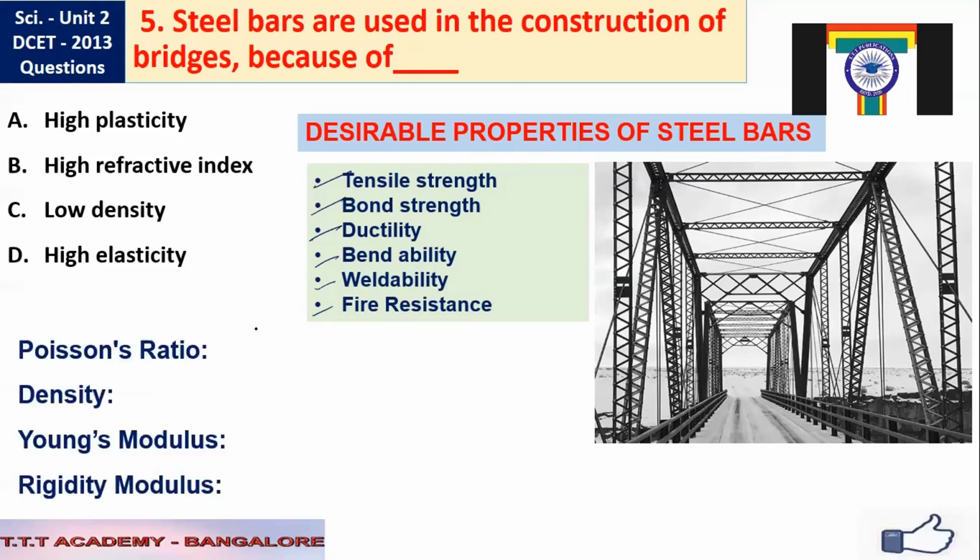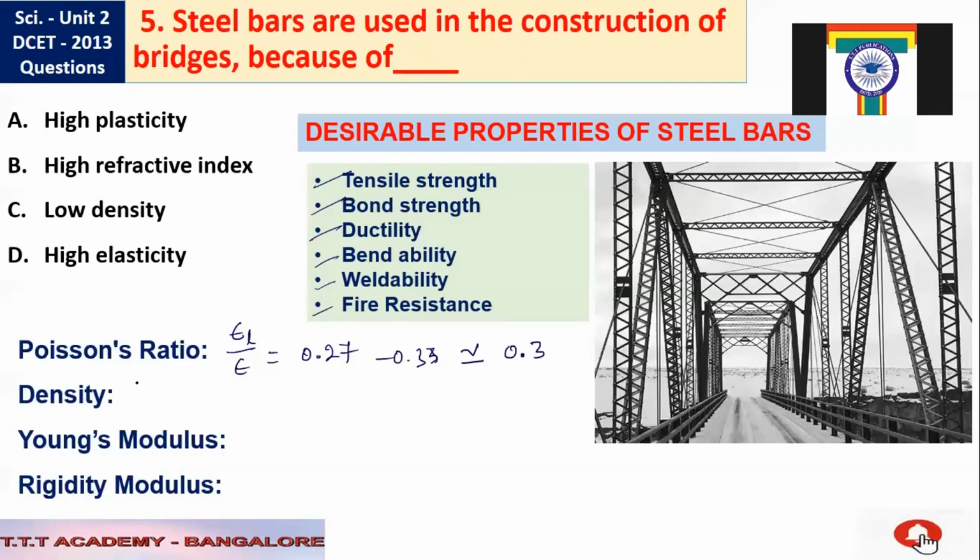Suppose the Poisson's ratio of steel. Poisson's ratio is the ratio of lateral strain to linear strain. I explained this in the previous video properly. That means Poisson's ratio is lateral strain by linear strain. This has a value of 0.27 to 0.33. Approximately, we consider this to be 0.3. That is, 0.3 is the Poisson's ratio value of steel.